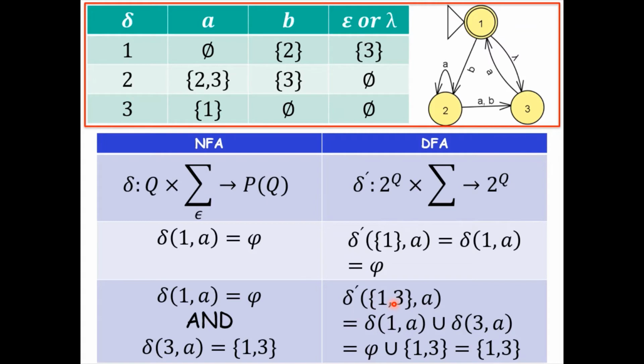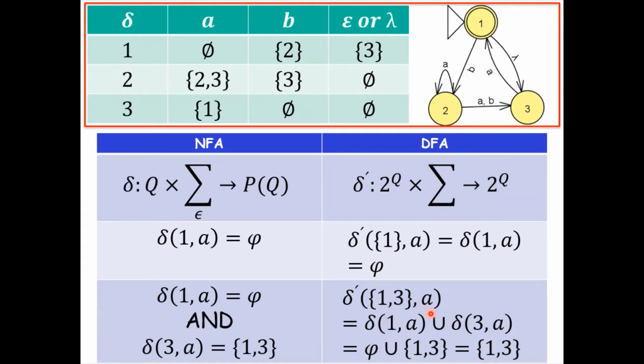For this purpose, we have to consult the same transitions on both of these states nesting in 1-3 separately in the NFA provided to us. The first state in state 1-3 is 1. We have to consult the behavior of state 1 on input letter A, which was not mentioned in the provided NFA, so we are pointing it towards the phi state.